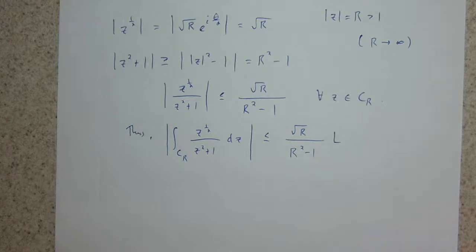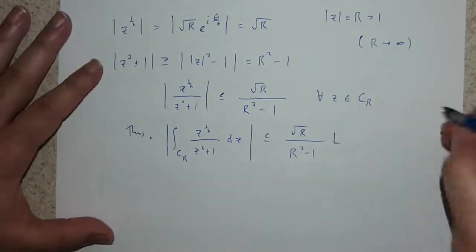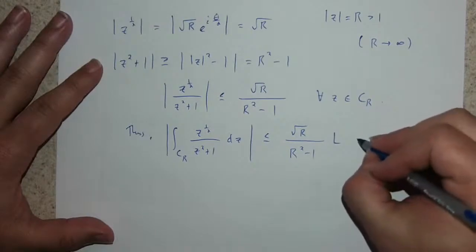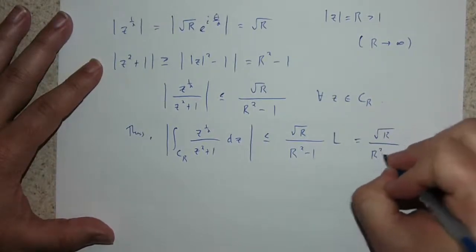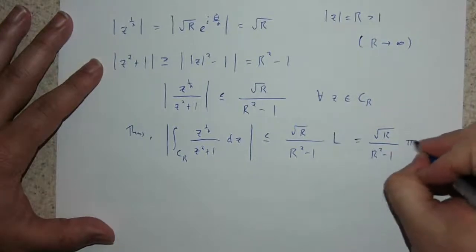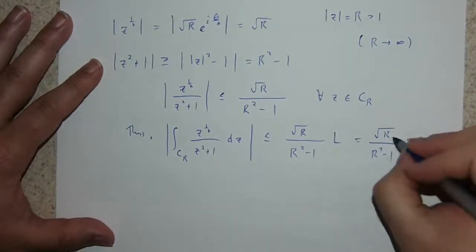Well, L is pi r, the length of the semicircle. So this is square root of r over r squared minus 1 times pi r.